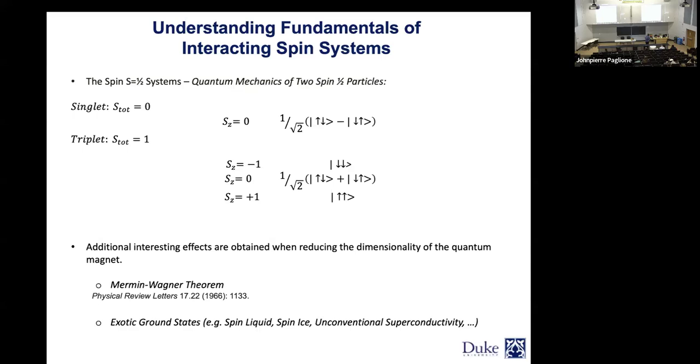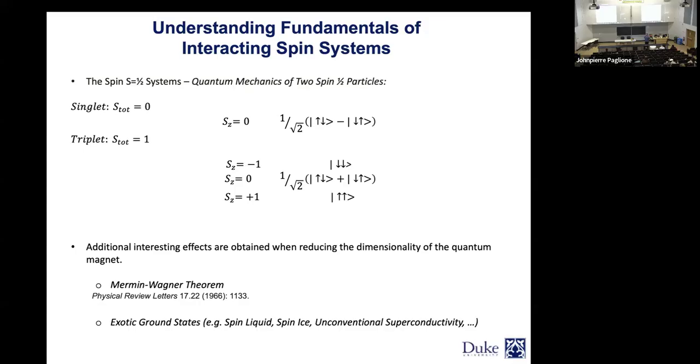Now, things become interesting when you try to decorate a particular lattice or a particular symmetry of these spin halves, okay? In 3 dimensions, things are a little bit more trivial, but still you have many-body interactions and things can become very complicated.